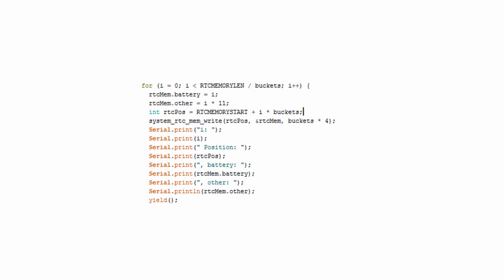Then we loop through all available RTC memory and write numbers into the 2 fields. The 2 numbers do not matter, they just have to be different. Variables inside a structure have to be accessed a little differently than normal variables. We always have to put the name of the structure in front of the variable name. That is all. Then we calculate where we have to place the particular dataset in memory and use the command system_RTC_mem_write to write the structure to the RTC memory.